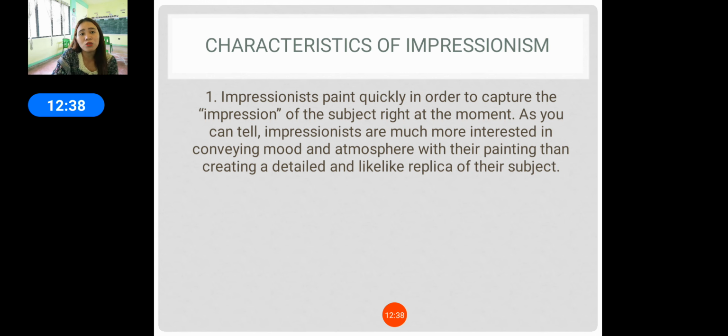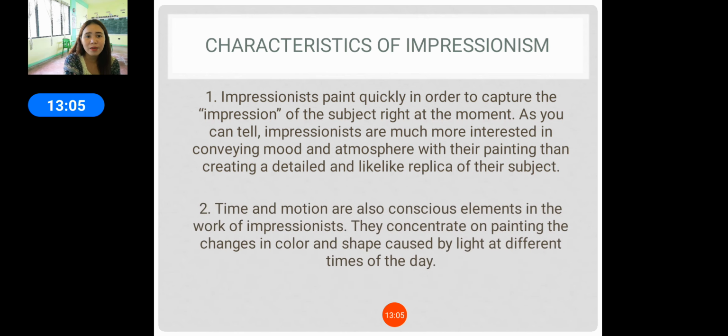They mix that with the mood and atmosphere of the subject, unlike other painters who are detailed and like to copy all the subjects' perspective, or ways of showing the art.